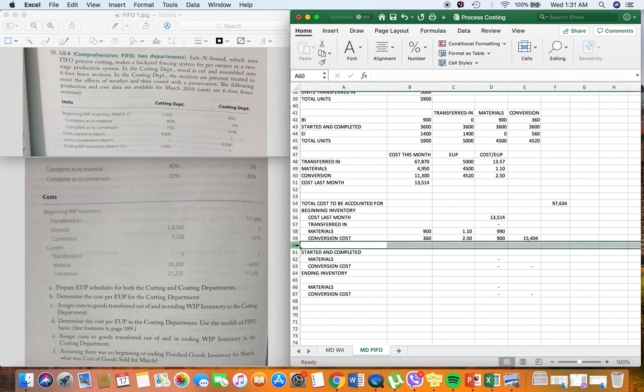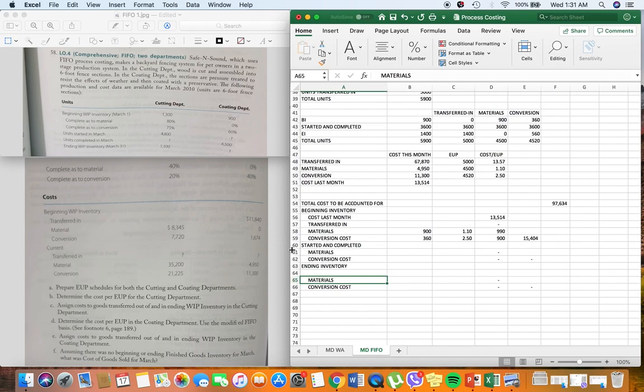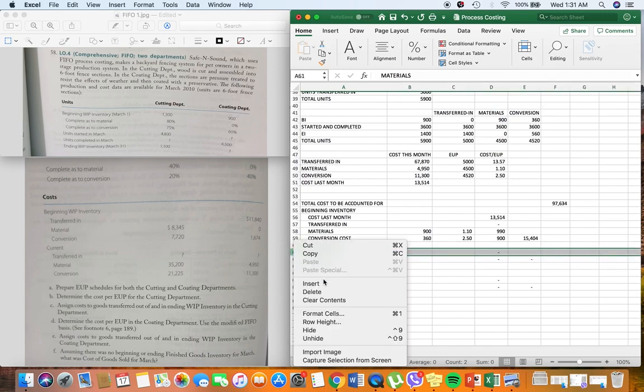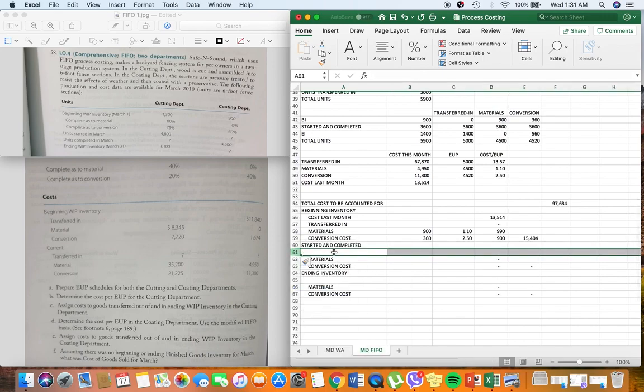But for the unit started and completed, the materials and conversion cost is not enough kasi nga we have another cost component which is the transferred in cost from the cutting department. So, lagay mo dyan, transferred in. Our EUP is at 3,600. So, pare-pareho naman sila.